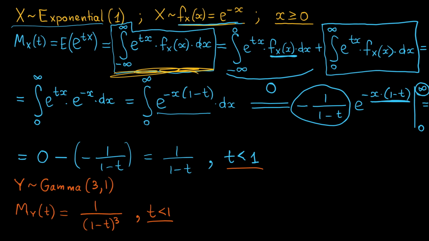And notice that this MGF is the MGF of the exponential 1 basically raised to the third power, right? Let's just plant that in our heads, and we'll see later on why that's interesting.